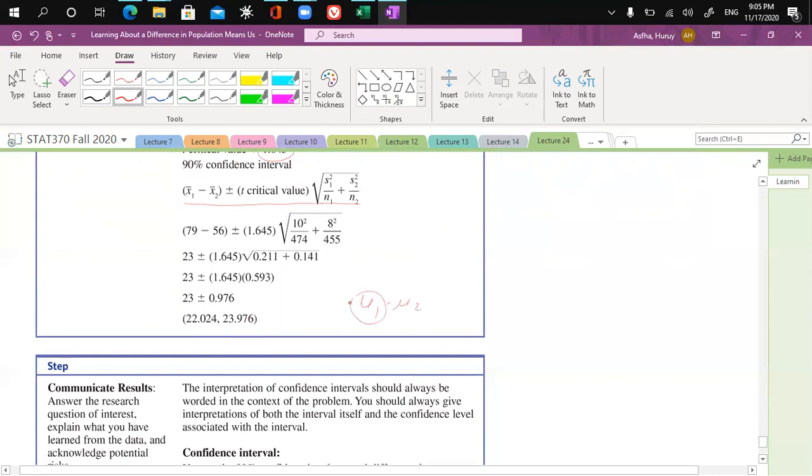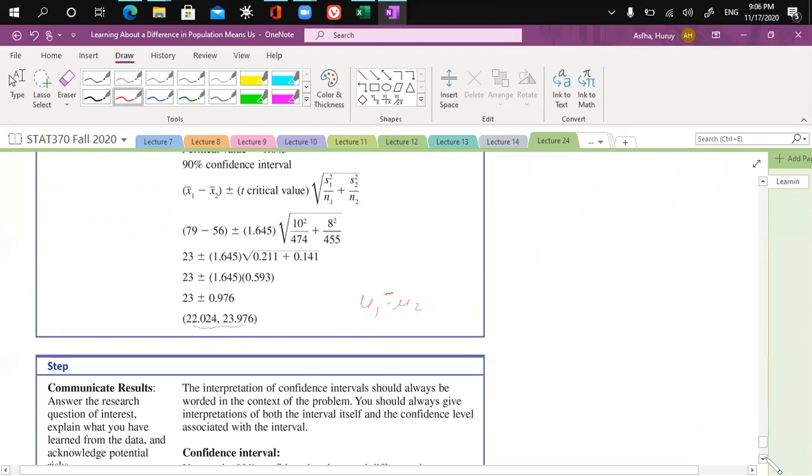So mu1 is the average number of texts sent by teenage girls, and mu2 is the average number of texts sent by teenage boys. The difference is somewhere between these two values. Therefore, girls send more texts than teenage boys, by about 22 to 23 text messages.